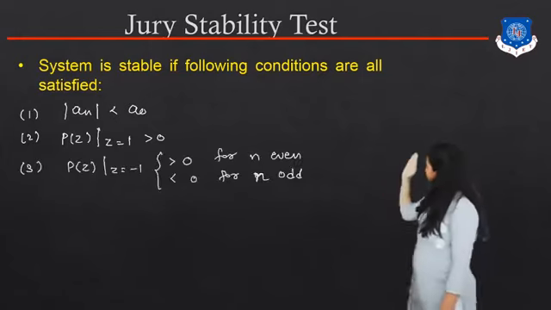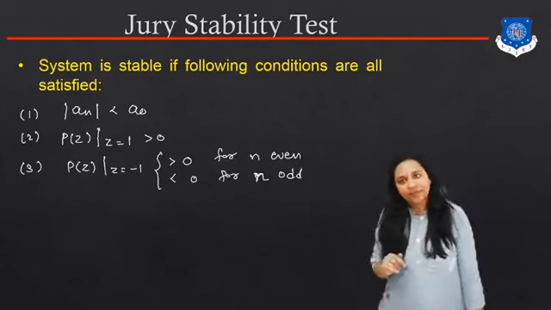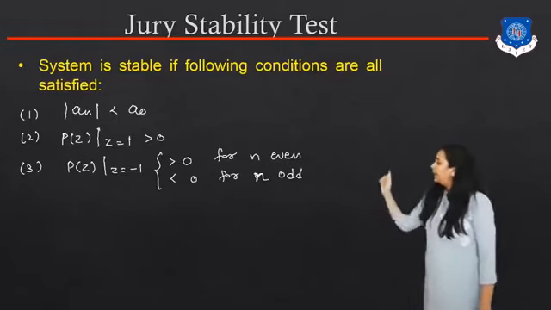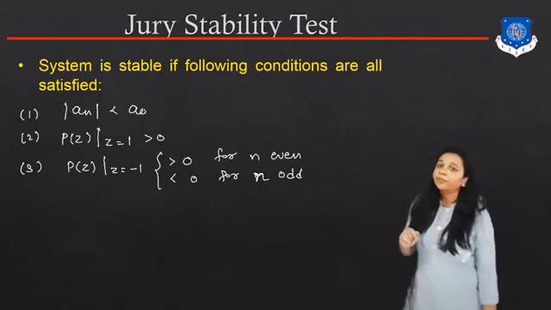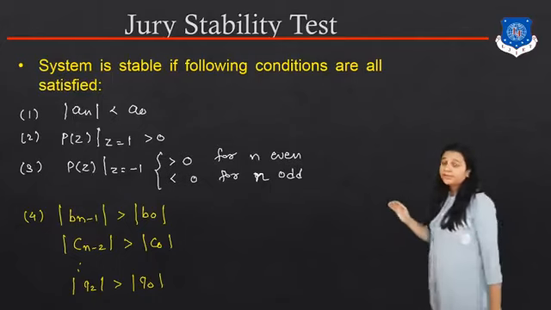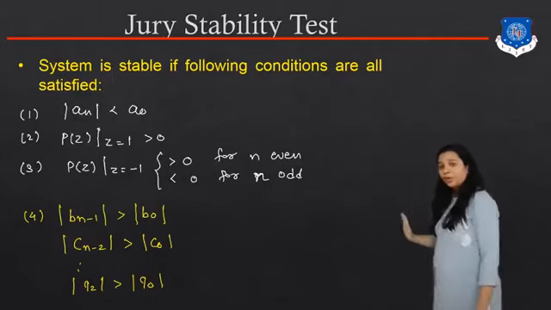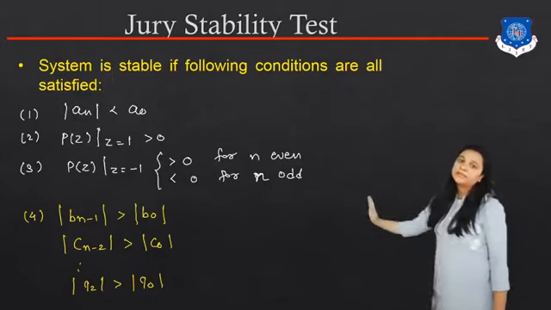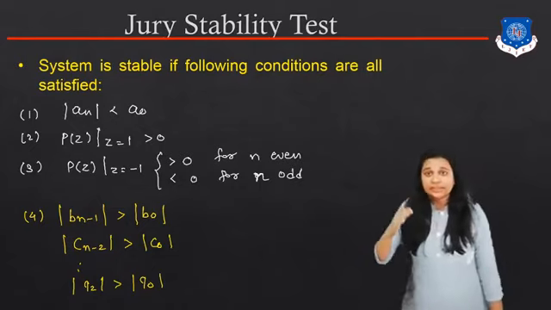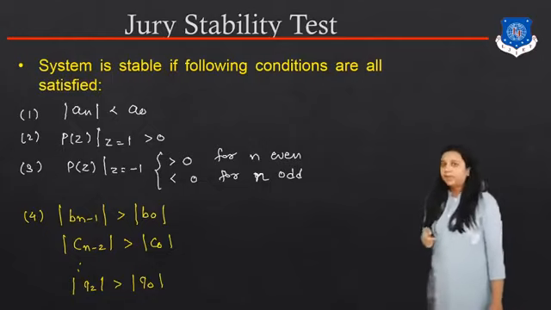The third is P of z with z equal to minus 1. If it is greater than 0 for n even and less than 0 for n odd, then this condition is satisfied. The fourth one is that the mode of bn minus 1, that we have already found, is greater than b0. The mode of cn minus 2 is always greater than c0 and the mode of q2 is always greater than q0. So these are the conditions to satisfy for the Jury stability test.